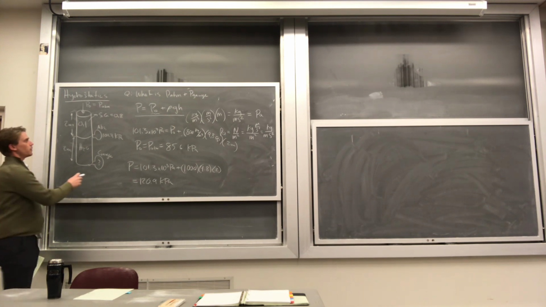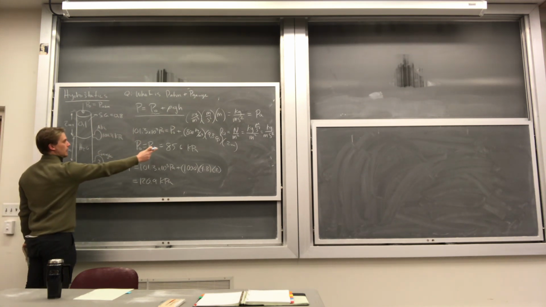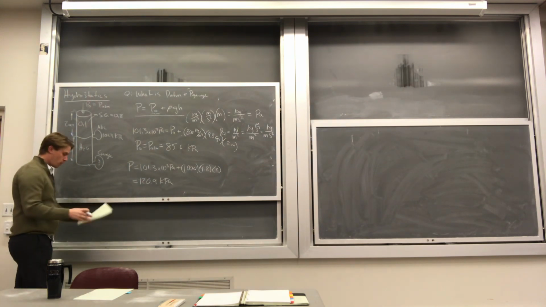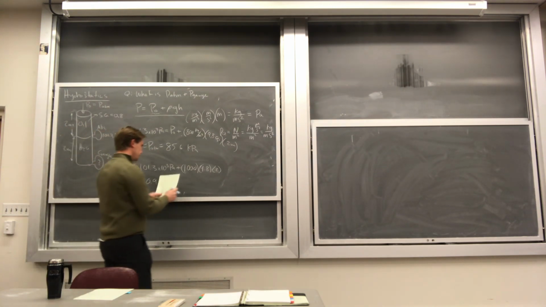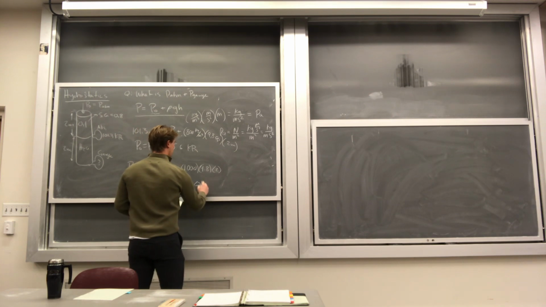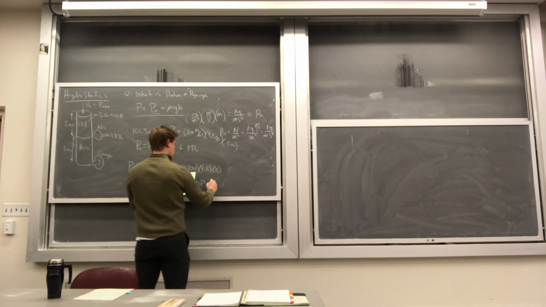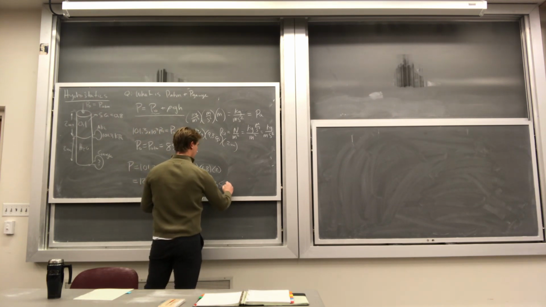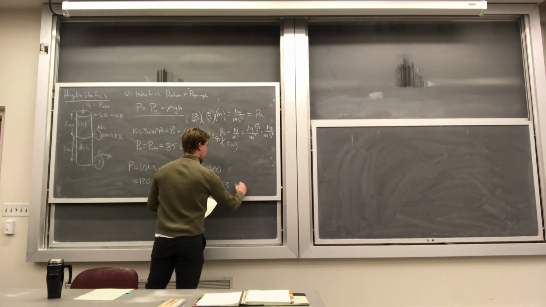So then I take the difference between my 85 and 120. So I get that the delta P, or the gauge pressure, is 35.3 kilopascals.